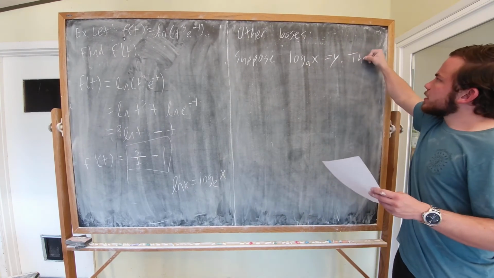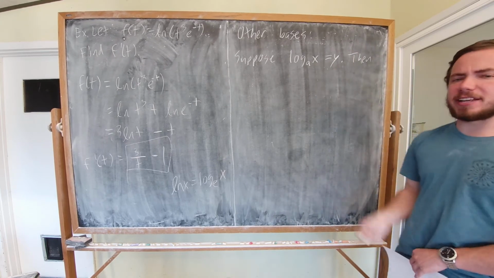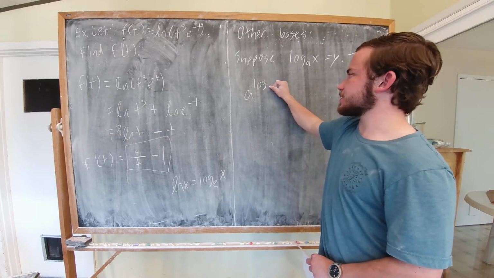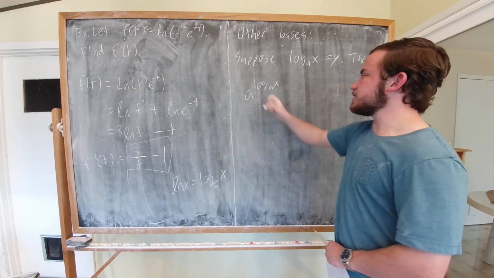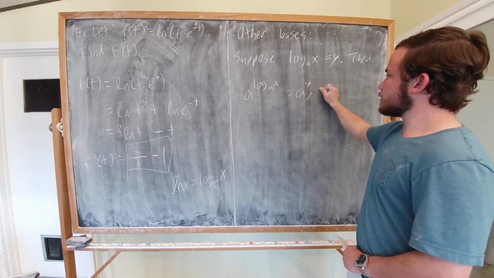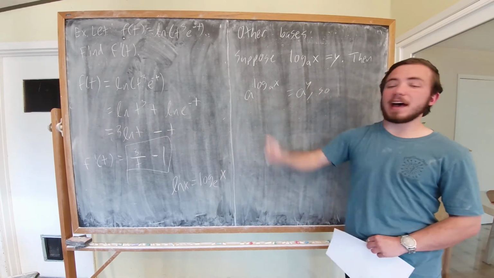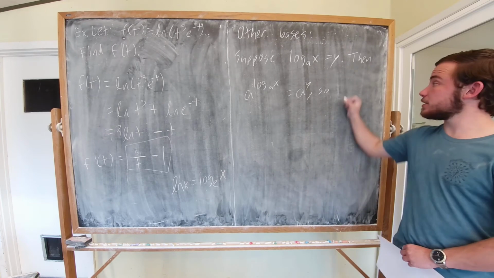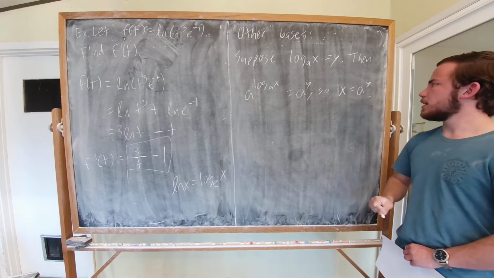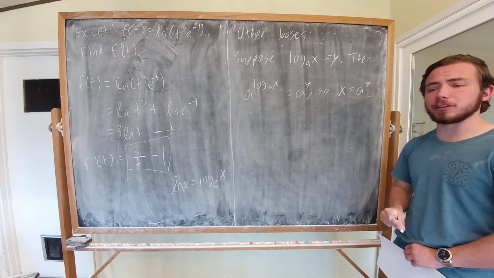Well then, if I want x by itself, I would exponentiate both sides with a as the base. a to the log base a of x is equal to a to the y. That and that cancel out when they're exponentiated, so x is equal to a to the y. That's just the definition of the logarithm.